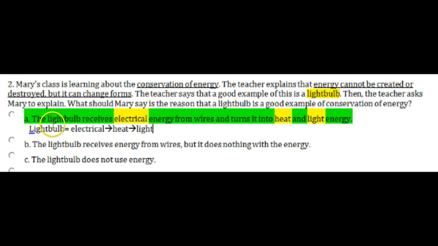So a light bulb's energy transformation is electrical when you plug in the wire or the cord, transformed to heat whenever the light bulb gets hot, and then light when it lights up. Now we know that happens pretty instantaneously, but just so that you know, that is what an energy transformation looks like, and that's how you'll be seeing it in the future.